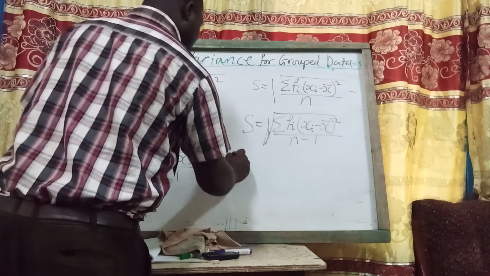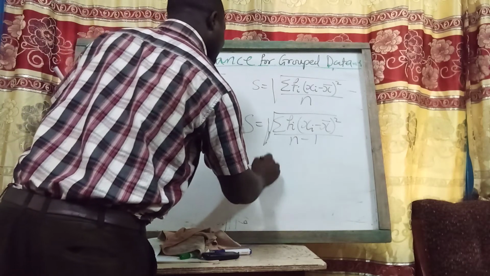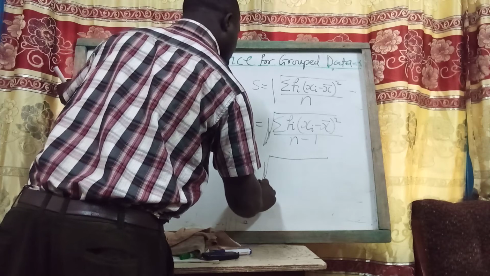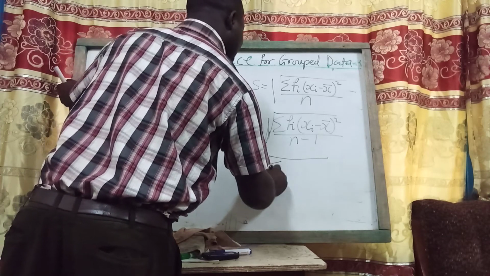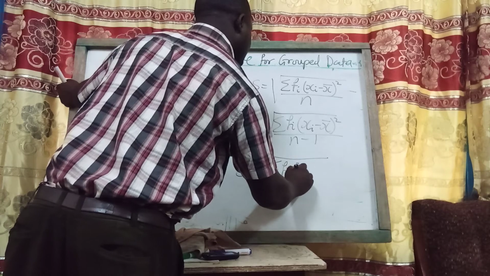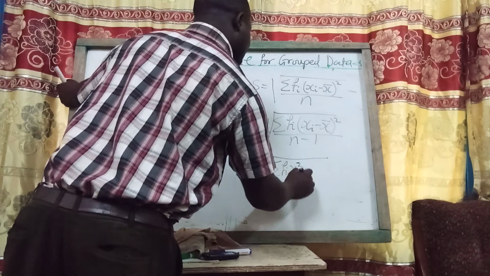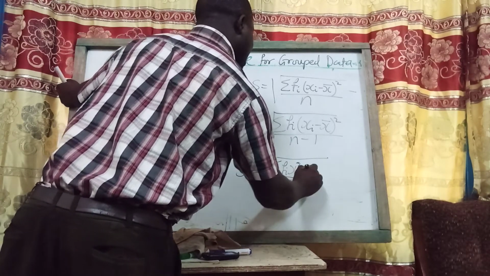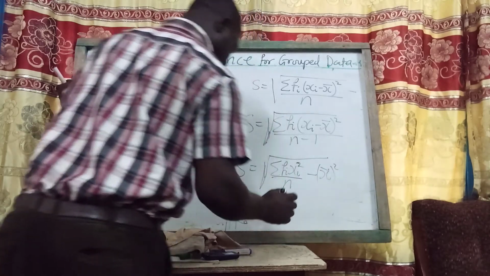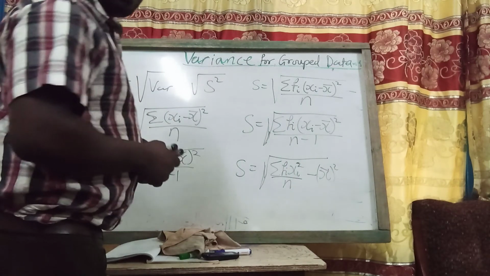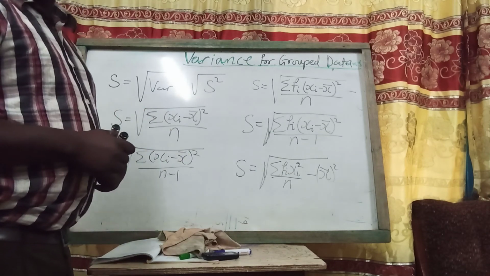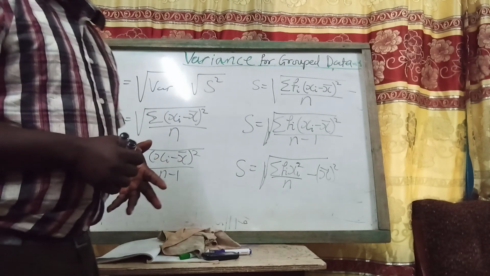It can also be given as the square root of summation fi xi squared over n, minus x bar all squared. All these are formulas for finding the standard deviation. So far as you're able to find the variance, you'll be able to find the standard deviation. Thank you very much.